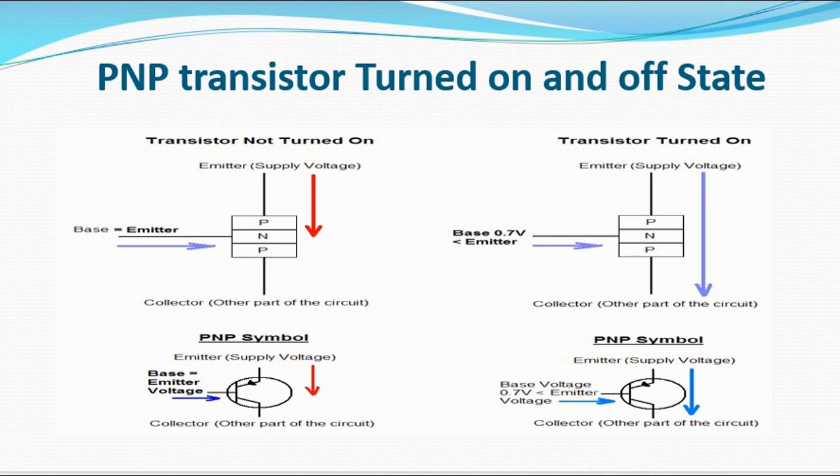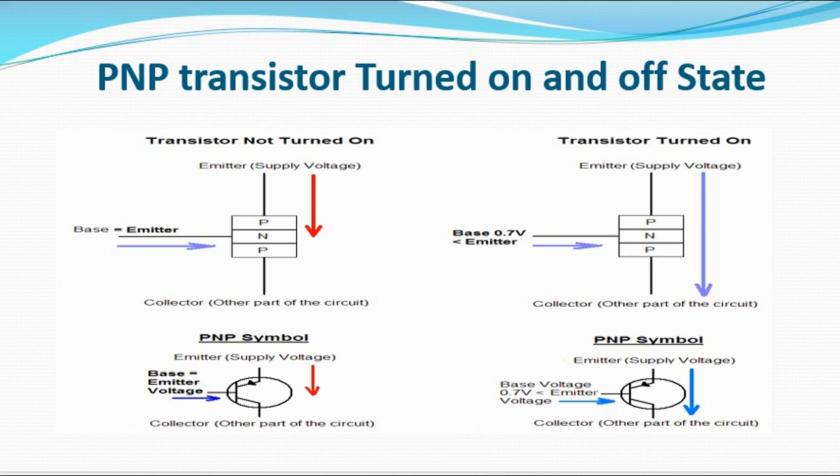While in the on state, you can see that the base is a small current, and the emitter here is also 0.7 volts. This base-emitter is 0.7 volts as well. And that tells you that this arrow you're seeing means it's greater than that. So that is the symbol of that.